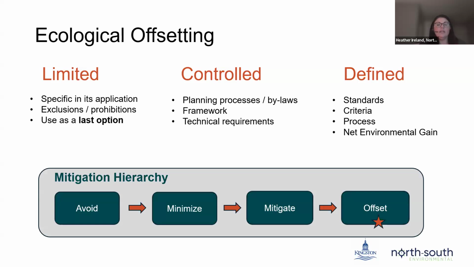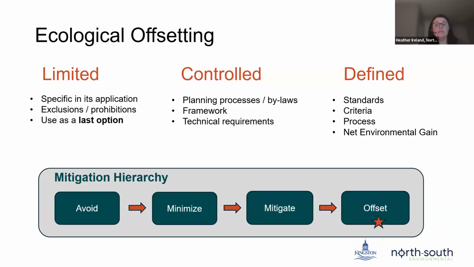So should ecological offsetting be looked at, this approach really should follow the mitigation hierarchy. Again, this is a standard practice for reviewing impacts associated with development and site alteration. It's just a high-level overview of the mitigation hierarchy: first, efforts must be made to avoid impacts. If avoidance is impossible, impacts should be minimized, then mitigated.